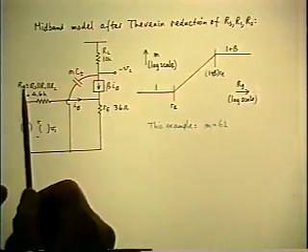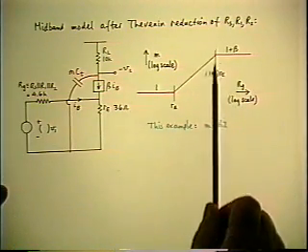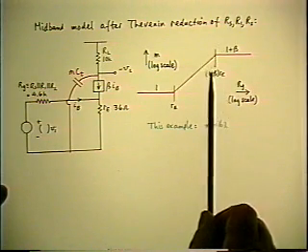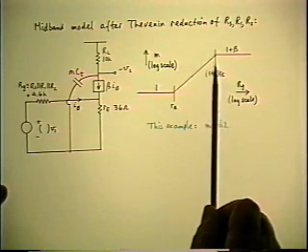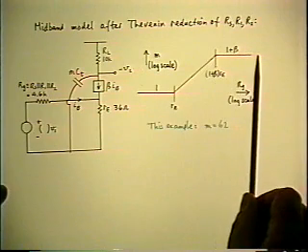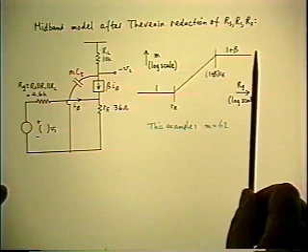And the actual value of Rg we have in this example is almost at that corner, because (1 plus beta) Re is 4.3K and the Rg was 4.6. So we're just about at the corner. So the M is 6 dB down below the 1 plus beta, 6 dB or a factor of 2. The beta was 120.